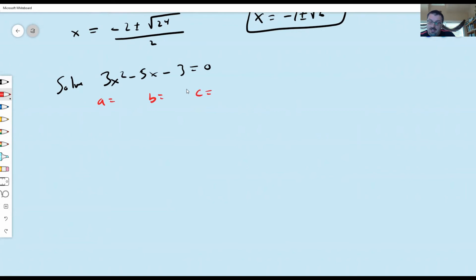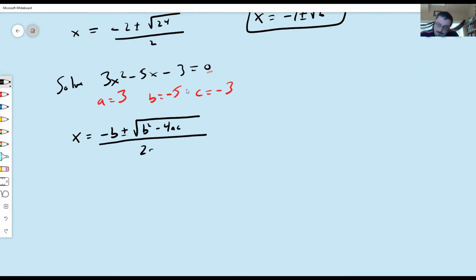Because it already equals 0, I don't need to move anything around, so I can go straight to what a, b, and c are. a is in front of x squared, so 3. b is in front of x, so minus 5. c is minus 3. x equals minus b plus or minus the square root of b squared minus 4 times a times c, all over 2a. So note, the minus signs here and here are from the formula.